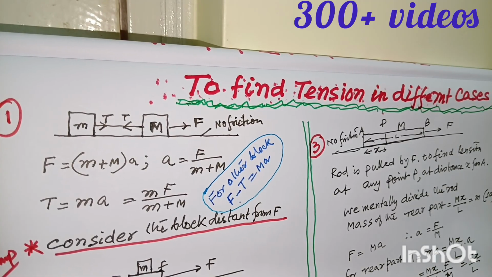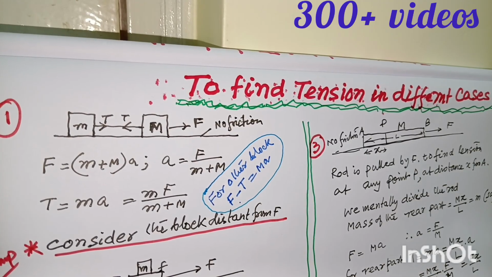If we take small m, then the equation becomes very easy because on small m there is only one force, that is T, and simply we write T equal to ma. And A we have already found out, so we write T equal to m into F by (M plus m). So it takes you only two lines to solve the problem.